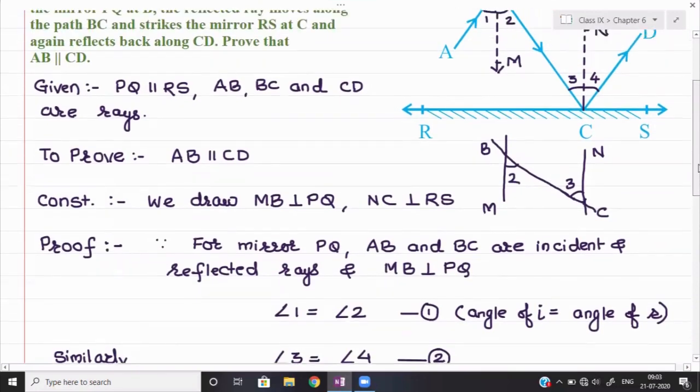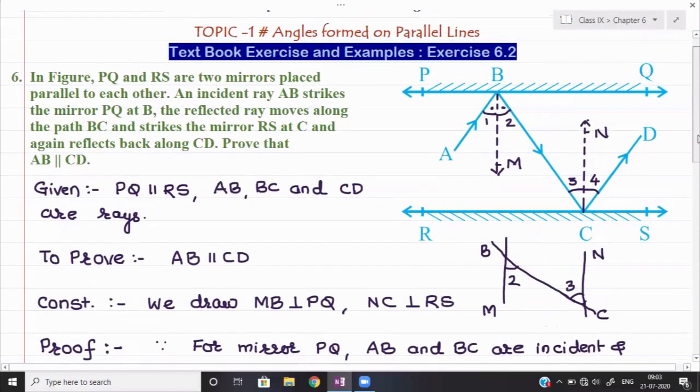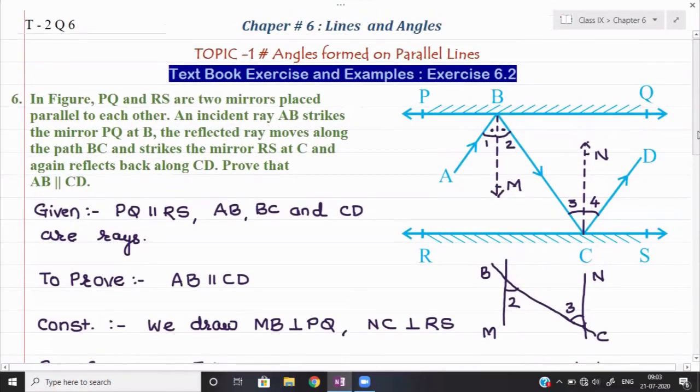First of all, look here. This is my figure. Angle 1 plus angle 2, both combined, form one particular angle. The name of that angle is angle ABC. Similarly, 3 plus 4 again form one combined angle. The name of that angle is BCD.